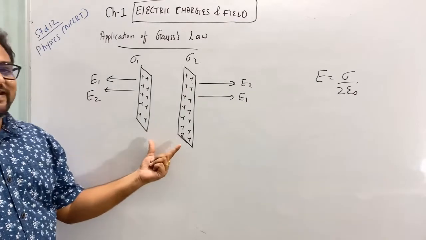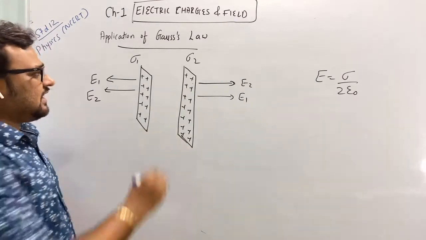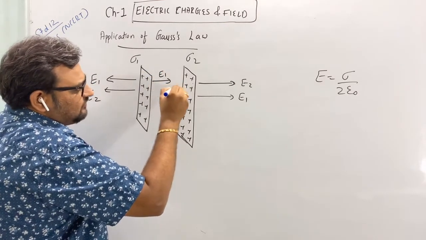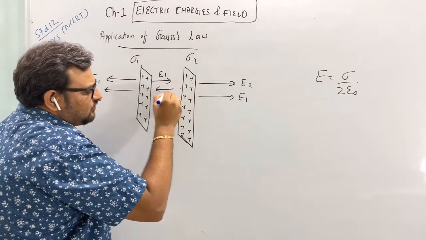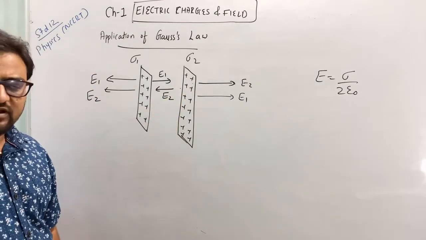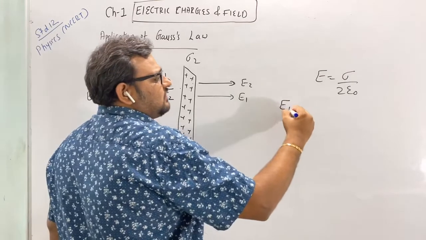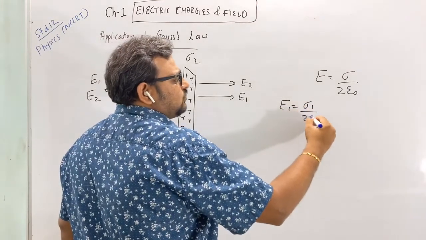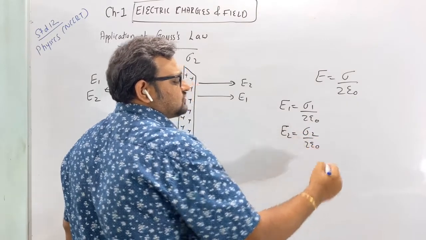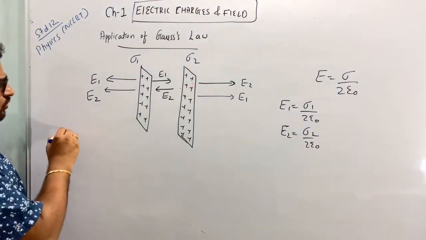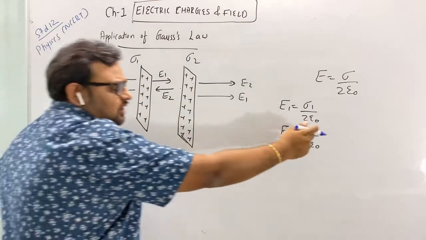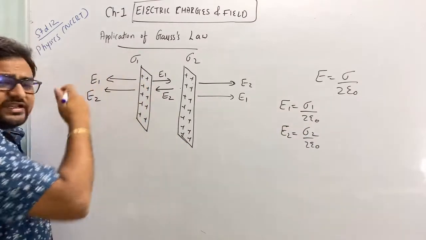But when I take the point at the center between the two plates, for this plate it is away from positive, so E1, and for this plate it is away from positive, that is E2. Clear? Now, E1 is sigma 1 by 2 epsilon 0, E2 is sigma 2 by 2 epsilon 0. So in this case, the total electric field will be sigma 1 by 2 epsilon 0 plus sigma 2 by 2 epsilon 0. Both are in the same direction.